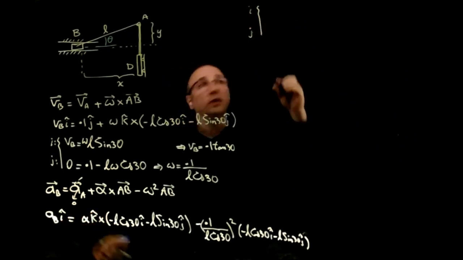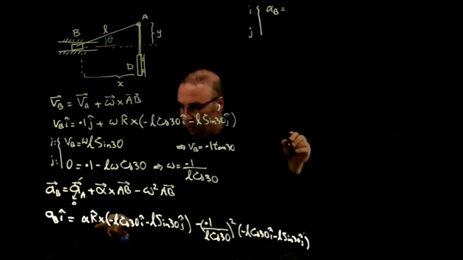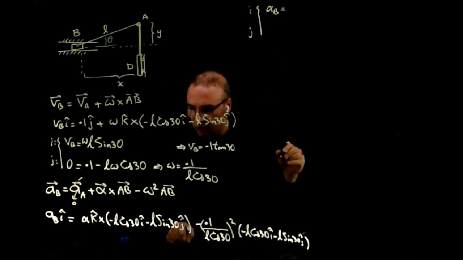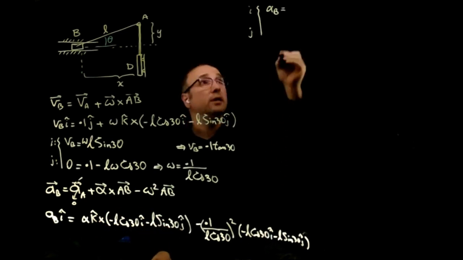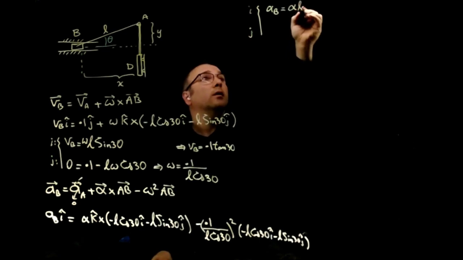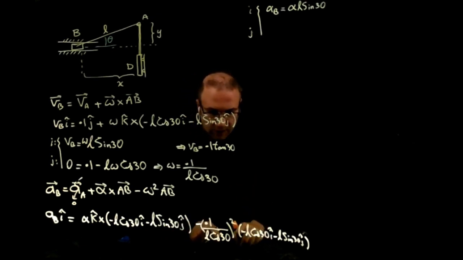For I component, I have aB equals to k hat cross j hat. It becomes negative I hat. And I have negative here already, so it would be alpha L sine 30. Then the other term is this I hat.